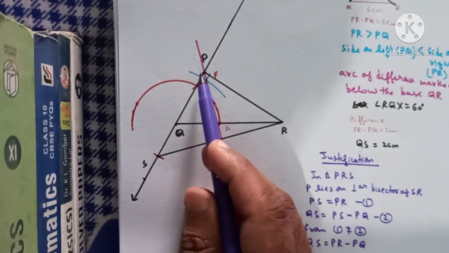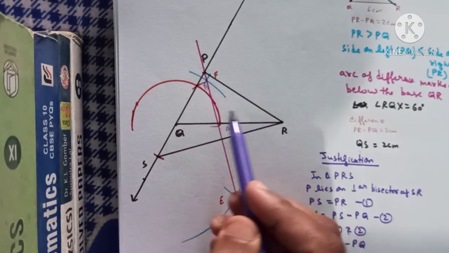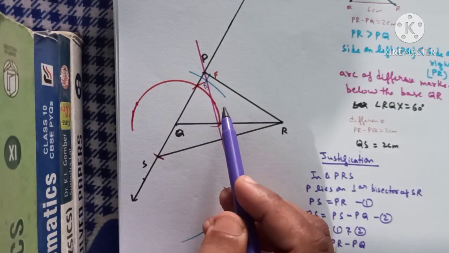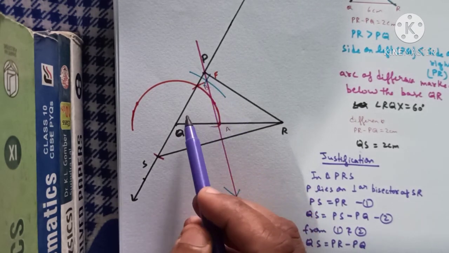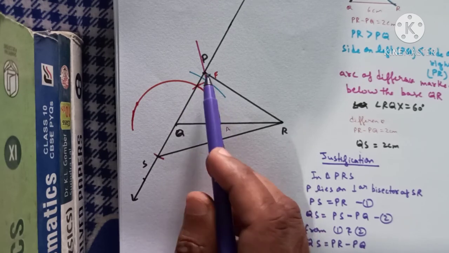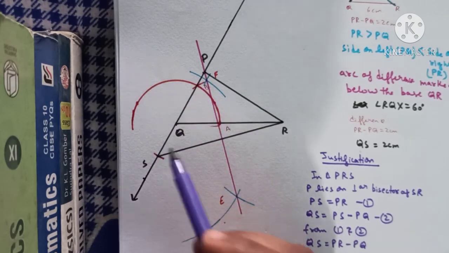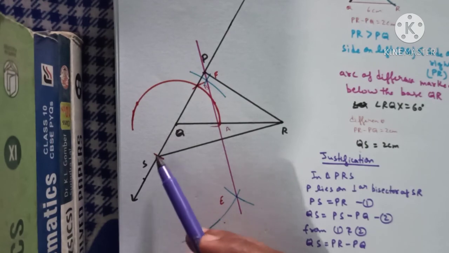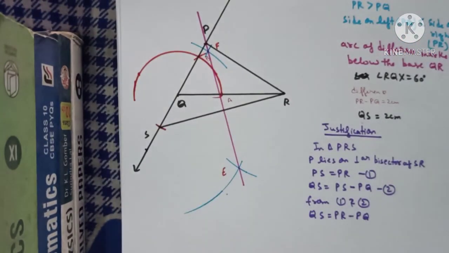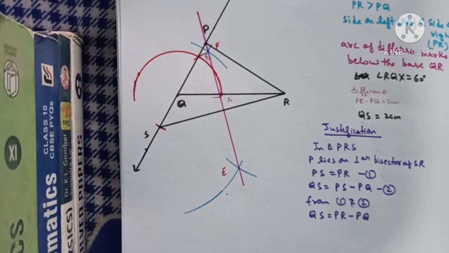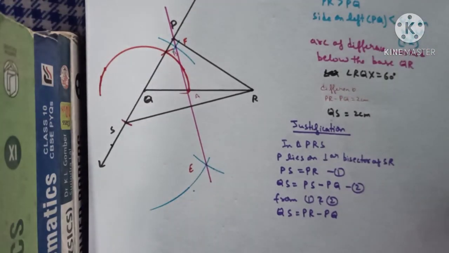PR and PQ are in fact the other two sides of the given triangle PQR. So the difference of the two sides of the triangle, PR minus PQ, is equal to QS. So we have taken QS as the difference of the sides. This justifies our construction, and in this manner we can say that our construction is justified. Hope you have understood. Thank you.